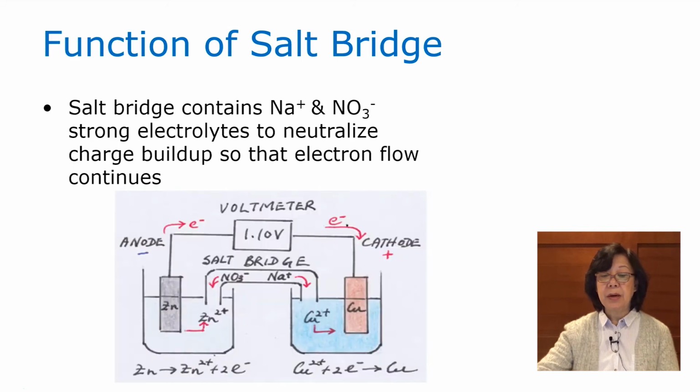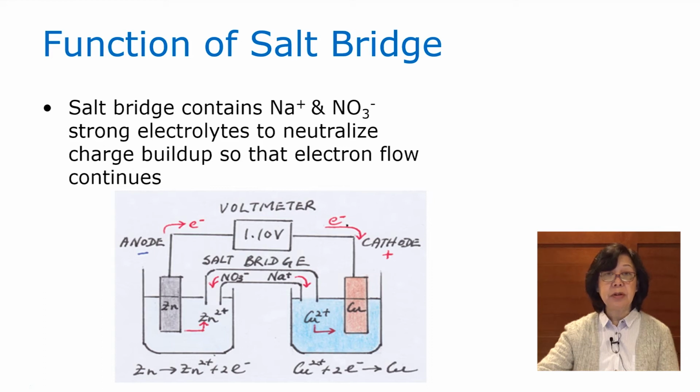However, this flow of electrons will stop soon after because there's a buildup of too many positive zinc ions in the left cell, and there will be too many nitrate minus 1 ions in the right cell, and that will stop the electron flow. The way to solve the problem is to insert a salt bridge, which is like a U-tube glass tubing, and inside we put some cotton balls that have been wet with sodium nitrate.